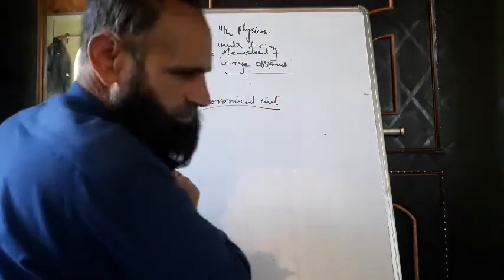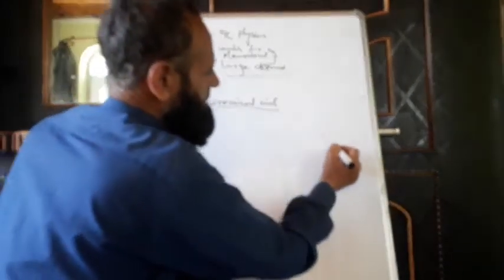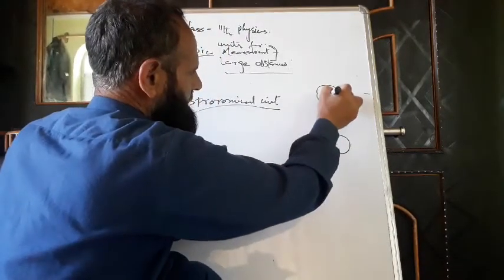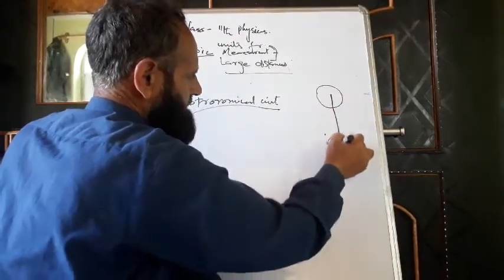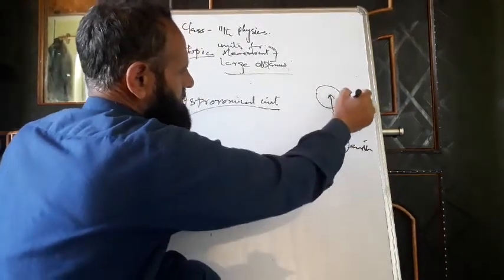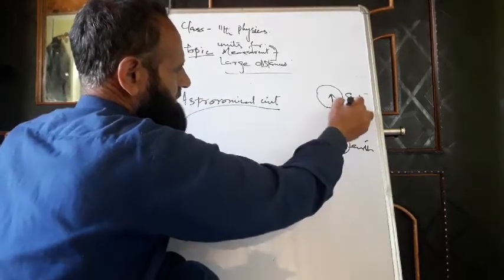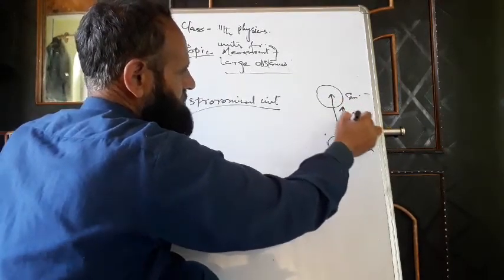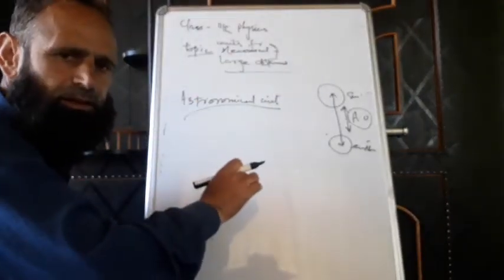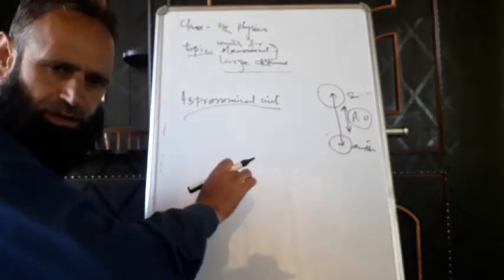It is the distance between the center of the earth and the center of the sun. This distance is called 1 astronomical unit.